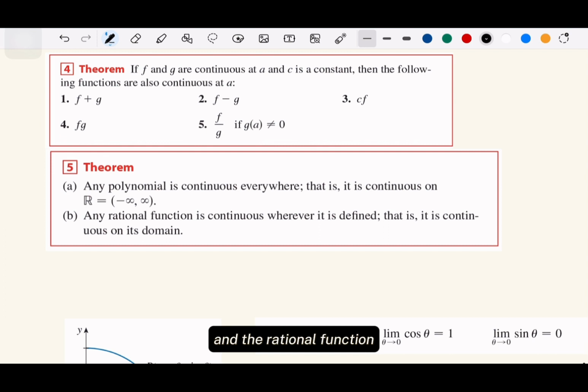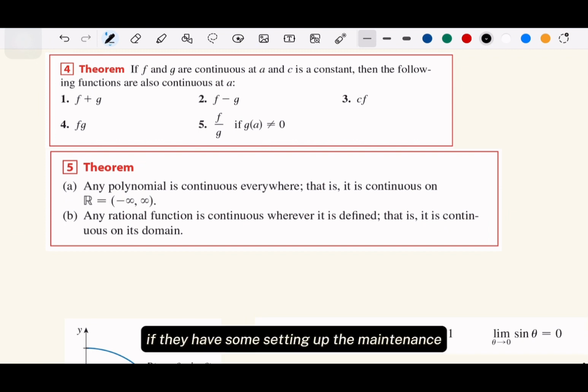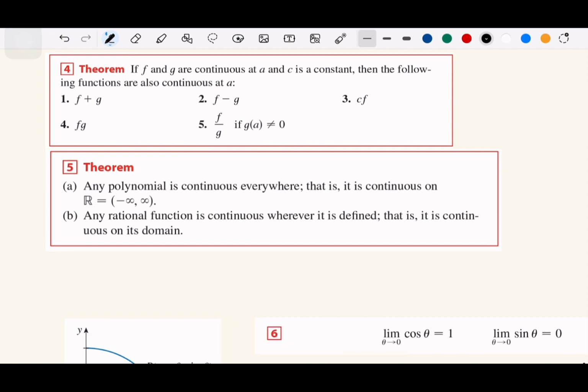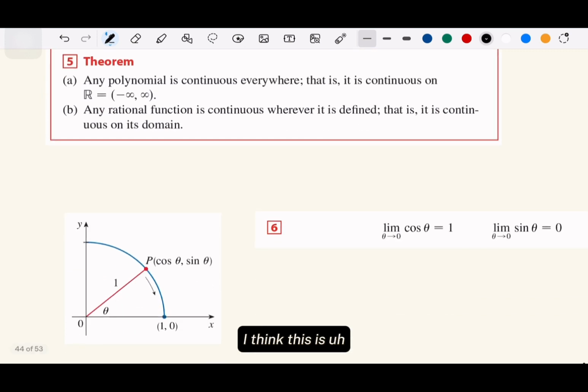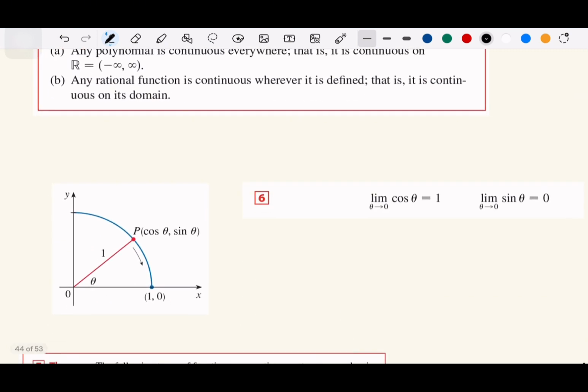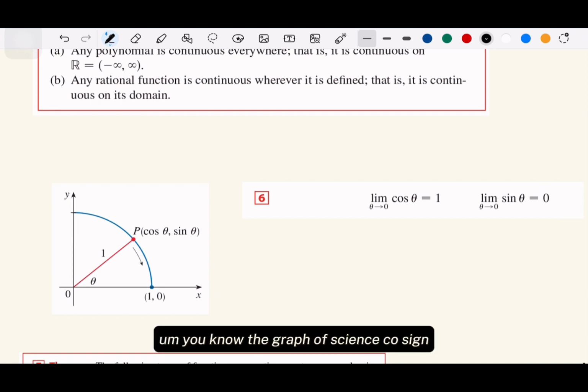And the rational function, of course, it will be continuous if we know where the interval is. If they have some certain domain, then we need to be aware of that. And one simple note on the trigonometry, I think this is quite easy to understand. If you have cosine, if you have sine, you know the graph of sine and cosine.